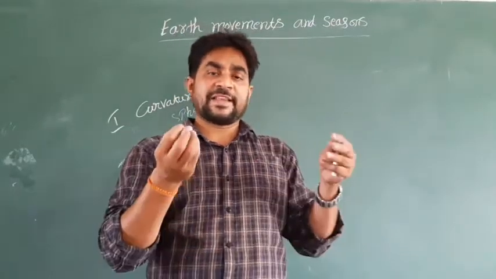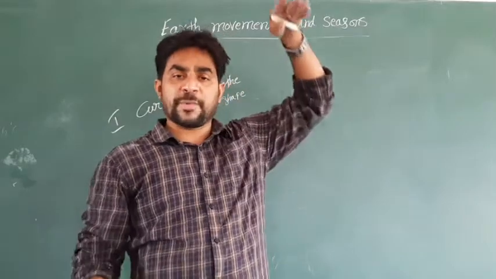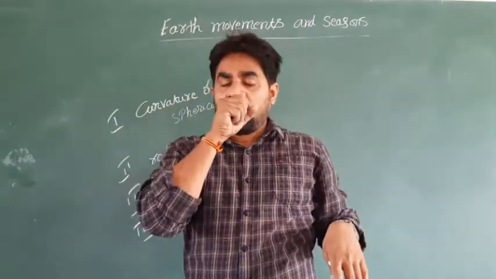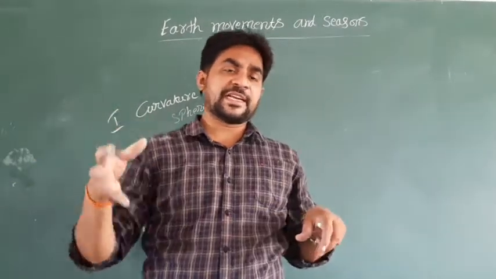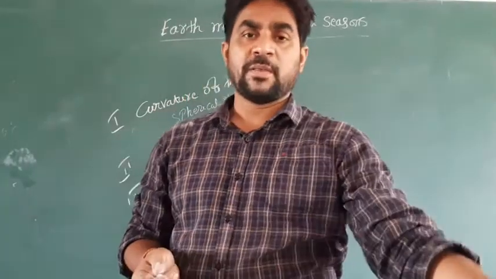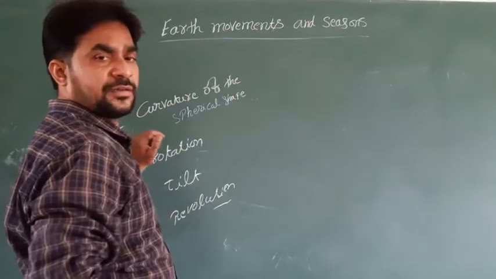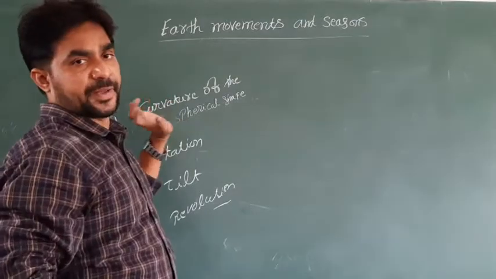In the center it is very big, that's the bulge. At the top it is bending. Because of that, seasons are different. In the middle it takes more light, at the top it cannot take as much. This is one of the factors, curvature or spherical shape.